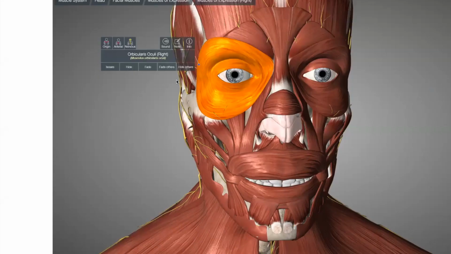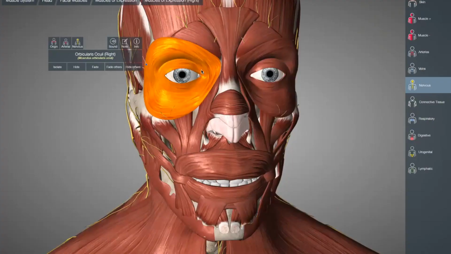The lacrimal part is involved in the drainage of the tears. And finally, the orbital part closes the eye tightly, like when we wink at someone, or squint when you don't believe someone. This movement is what the orbital part is responsible for.